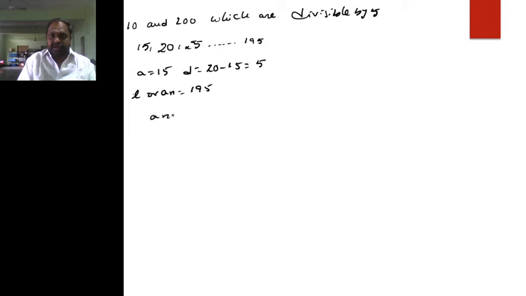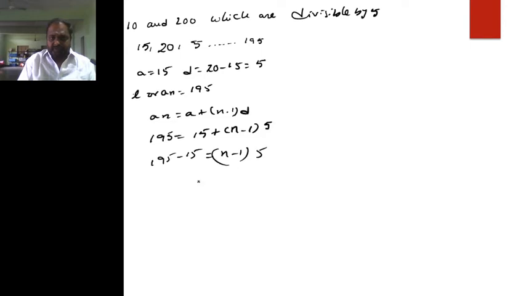So AN is equal to A plus N minus 1 into D, that is equal to 15 plus N minus 1 into 5. AN means last term, that means 195. 195 minus 15 is equal to N minus 1 into 5. 180 is equal to N minus 1 into 5.